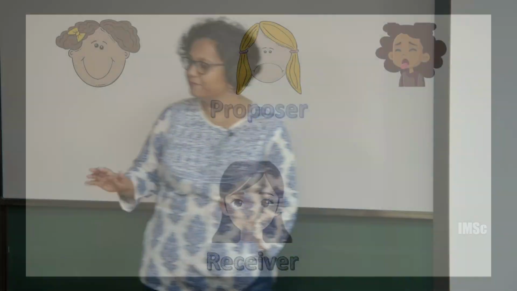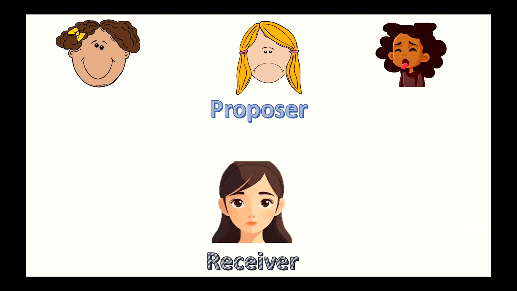So here actually the result is mixed. It's not totally consistent. In some studies it has been seen that if you see a happy proposer, you tend to accept, whereas if you see an angry or disgusted proposer, you tend to reject.